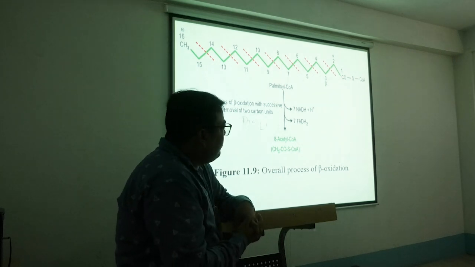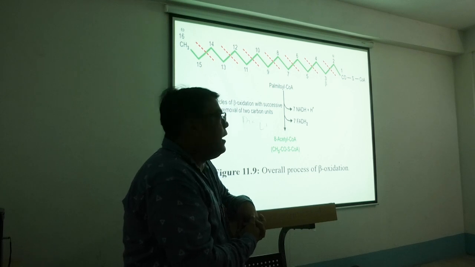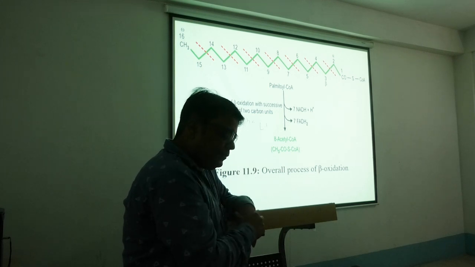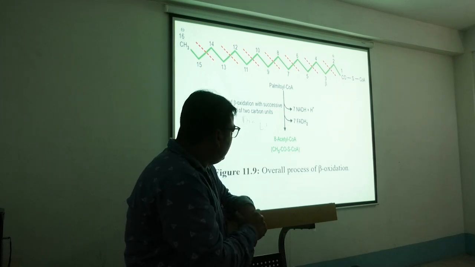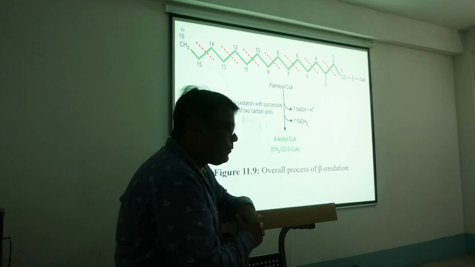How many molecules are formed? 8 acetyl CoA. How many molecules are formed from palmitic acid? 8 numbers. Yes.